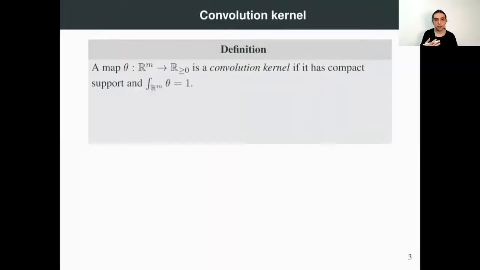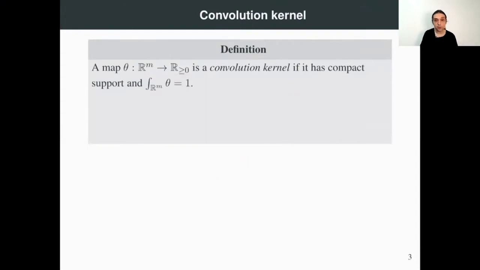So let us introduce the main technique that we are going to use in order to approximate C^r maps with C-infinity maps. Let's consider what is called a convolution kernel, which is going to be a function from R^m to the non-negative real numbers, such that it has compact support and that has an integral on R^m, something that is well defined because the function has compact support, that is equal to 1.